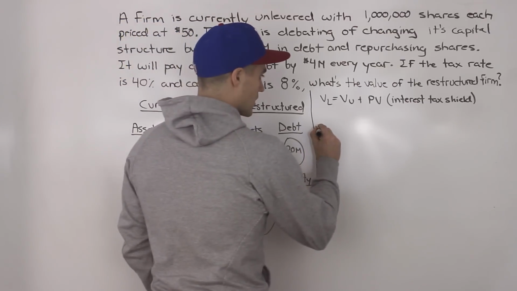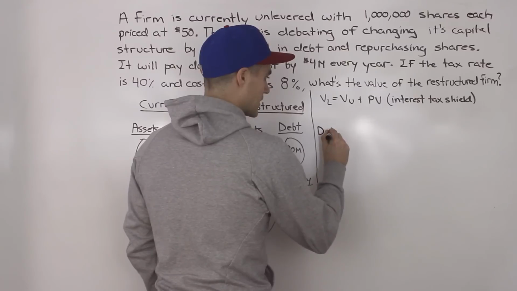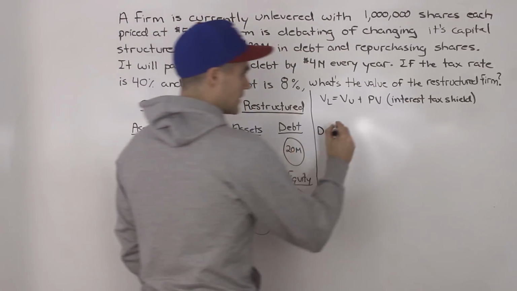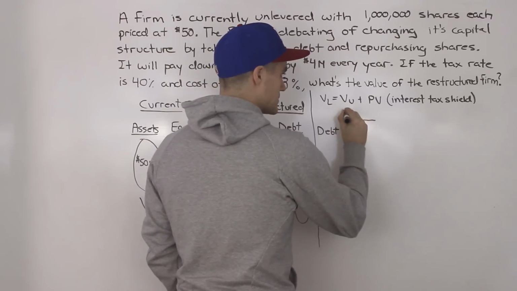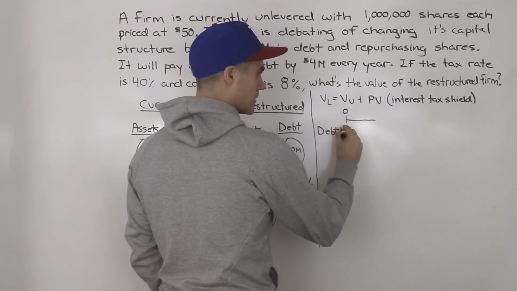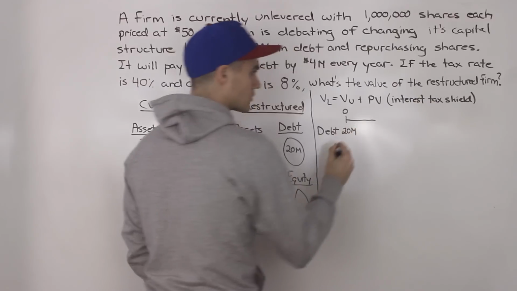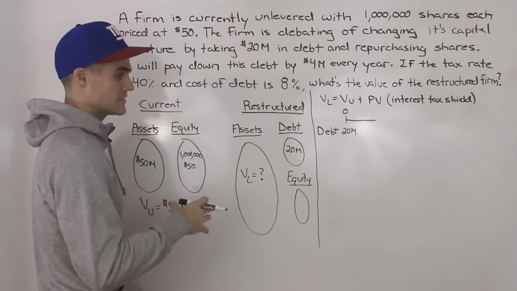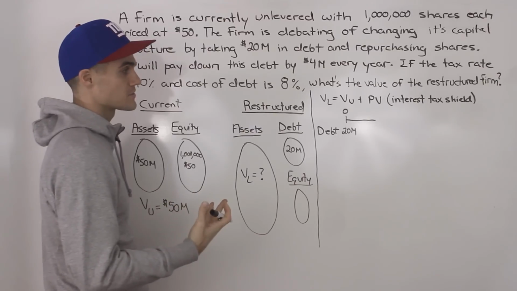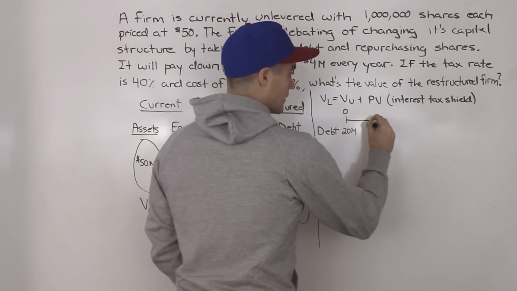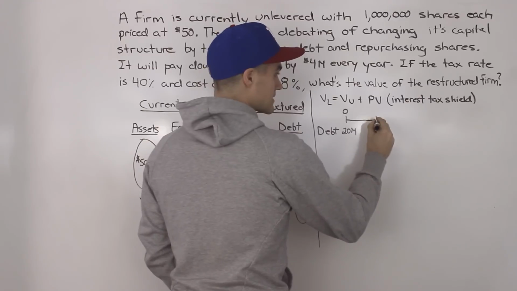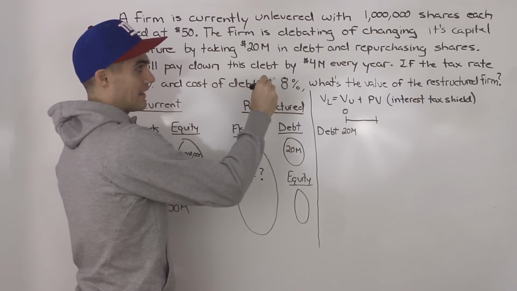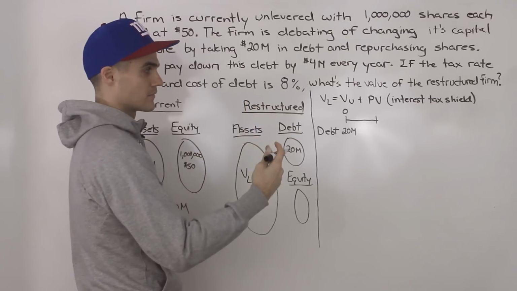Well, let's draw a timeline for what is happening with the debt of the firm. So we know in time 0, this firm is going to have $20 million worth of debt. Today, they're taking on $20 million worth of debt to repurchase shares. And what they're saying is that every year, the firm is going to pay down the debt by 4 million.